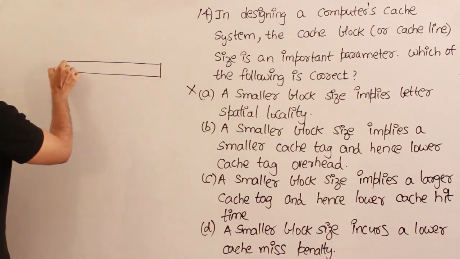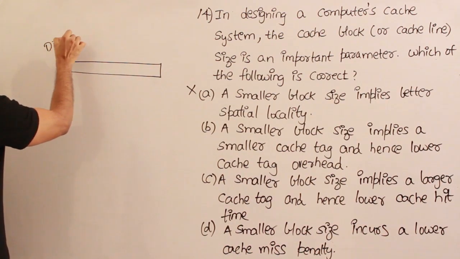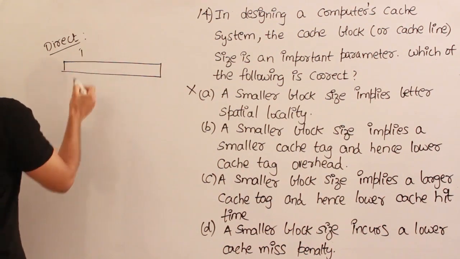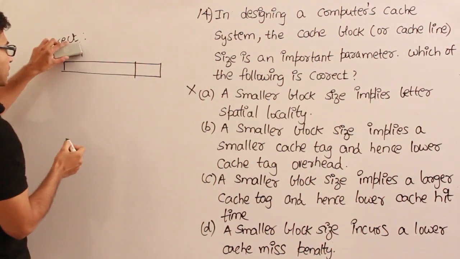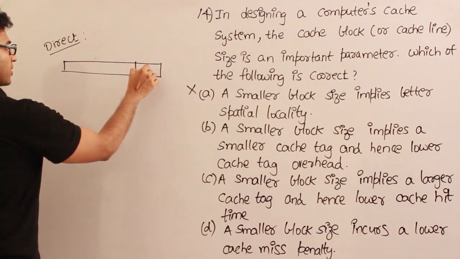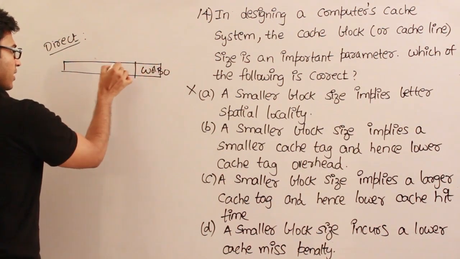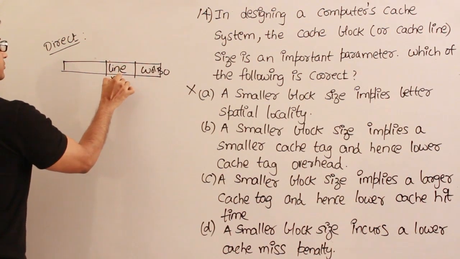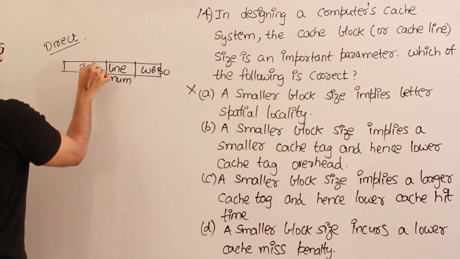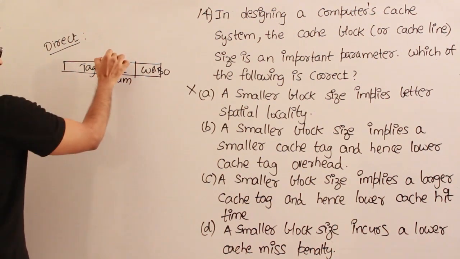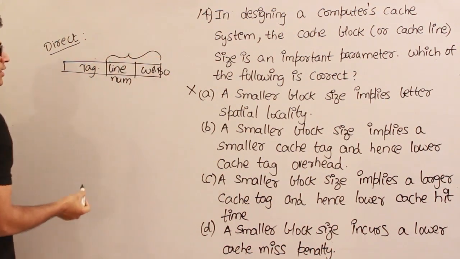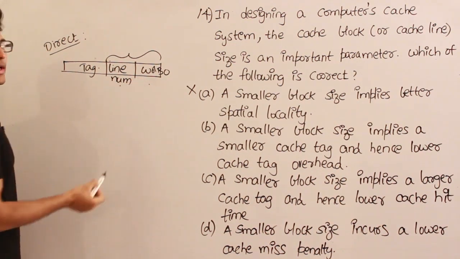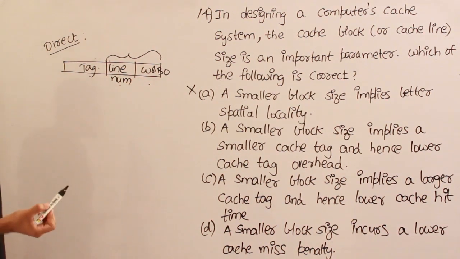In case of direct mapping, the physical address is divided like this: one is the word number or block offset, another is the line number, and the other is the tag. These two factors indicate the cache size also, which means the number of lines times the size of each line indicates the cache size.